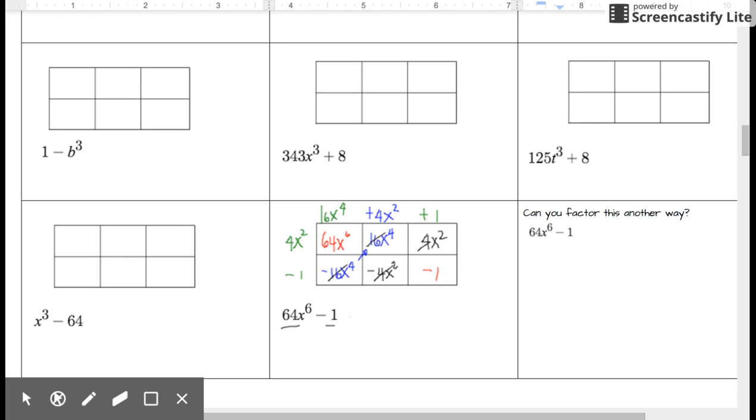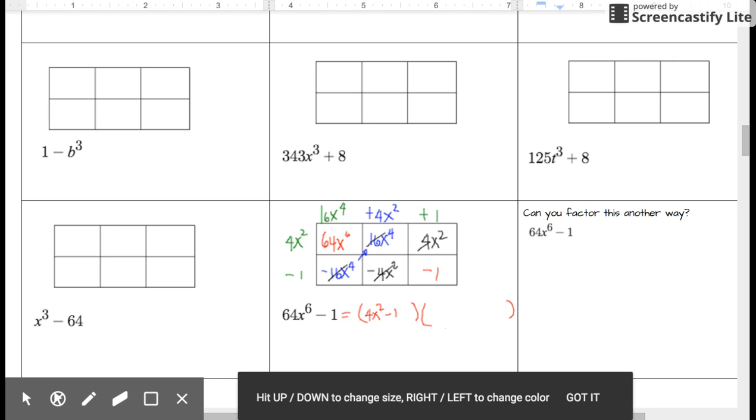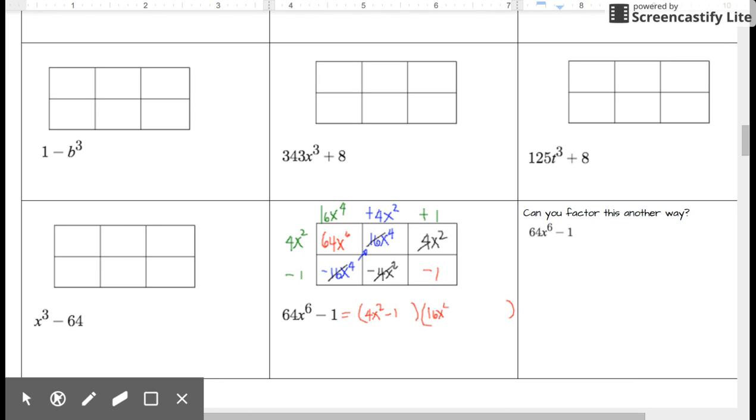And this box tells us what the factors are. The width is 4x squared minus 1, and the length is 16x to the fourth plus 4x squared plus 1.